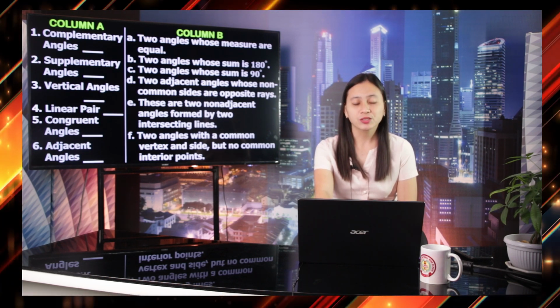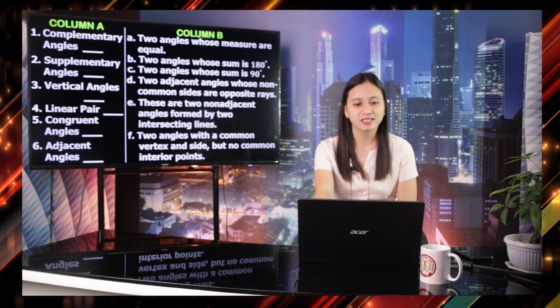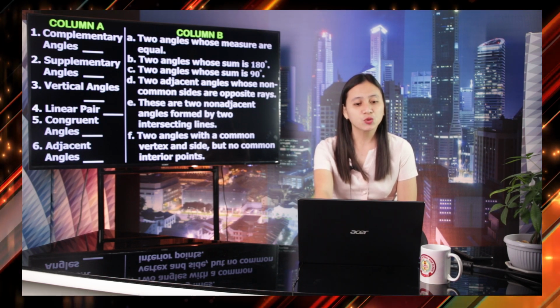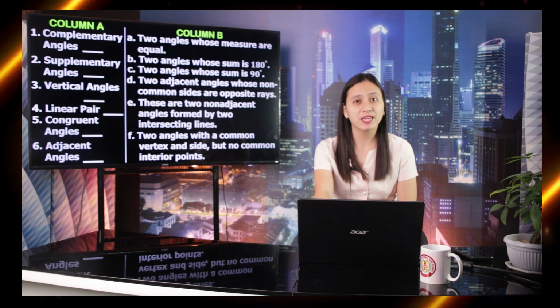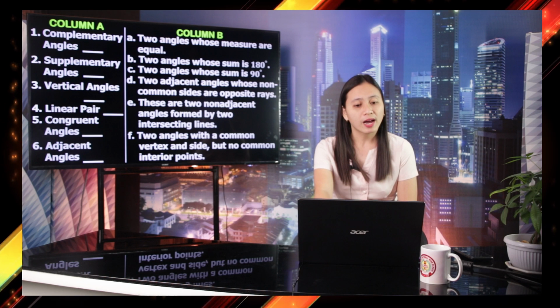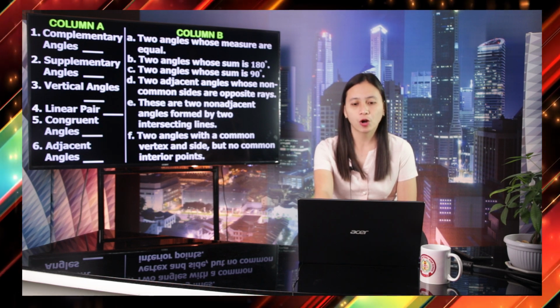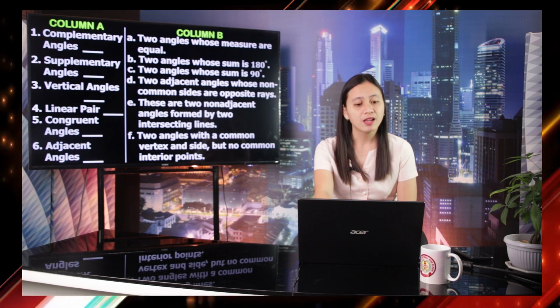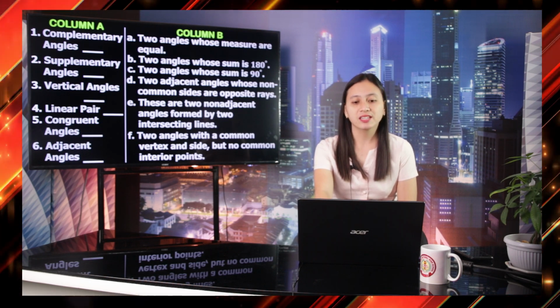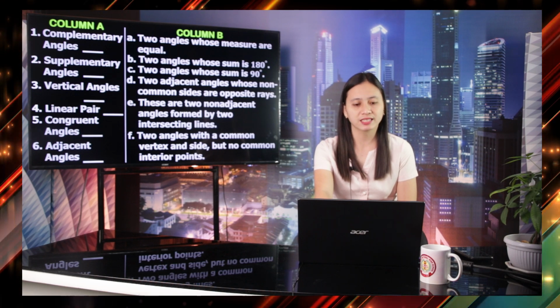Letter B, two angles whose sum is 180 degrees. Letter C, two angles whose sum is 90 degrees. Letter D, two adjacent angles whose non-common sides are opposite rays. Letter E, these are two non-adjacent angles formed by two intersecting lines.